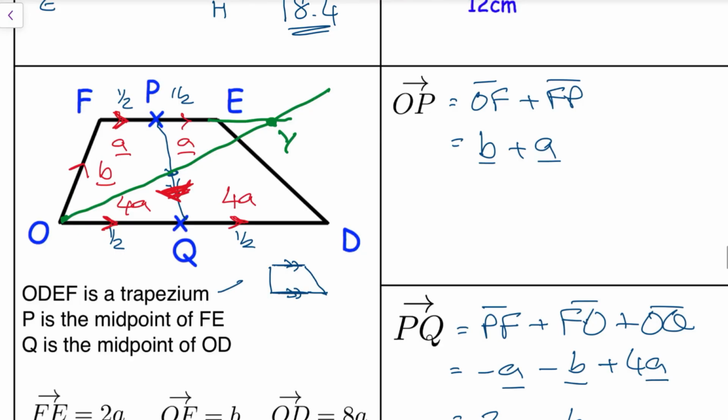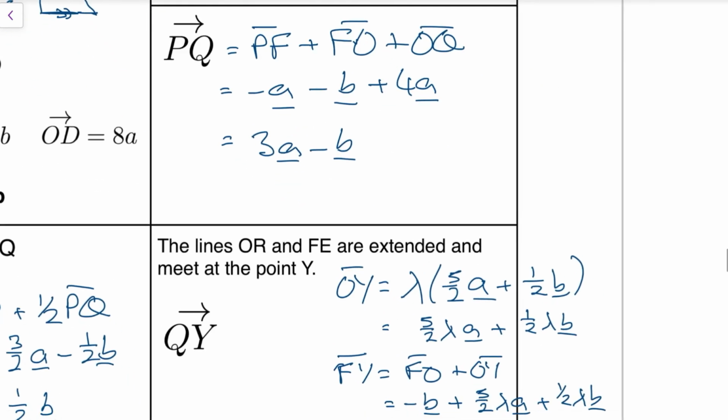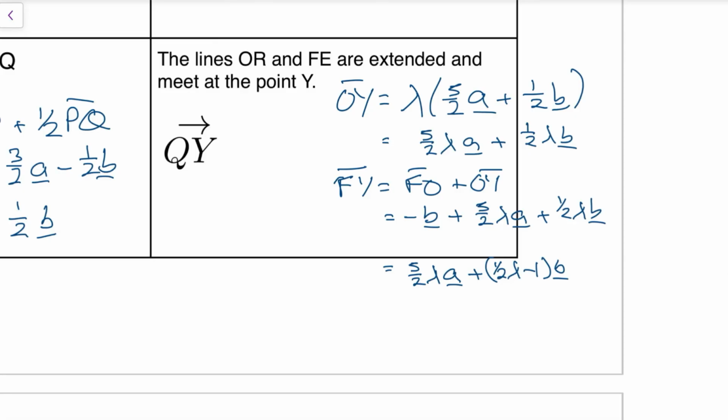So F to Y is a straight line which is in the direction of a, which means there are no b's involved because it's parallel to a, which means therefore it must be the case, and I'm missing a few steps of explanation out here, that that is equal to 0, which means that lambda must be equal to 2, because a half times 2 is 1, 1 minus 1 is 0. So lambda equals 2, which means I can go all the way back to this bit here and say that O to Y, and sorry about this because I realise this is quite a long question, is going to be 5a plus lambda is 2, so plus b.